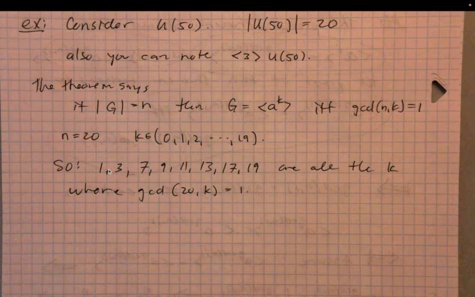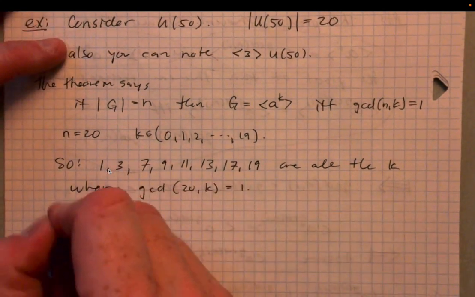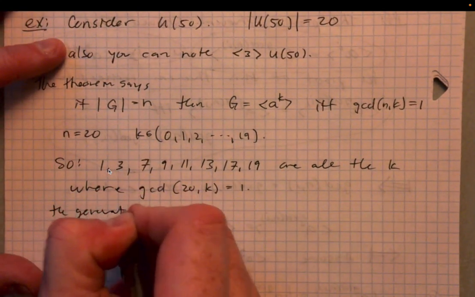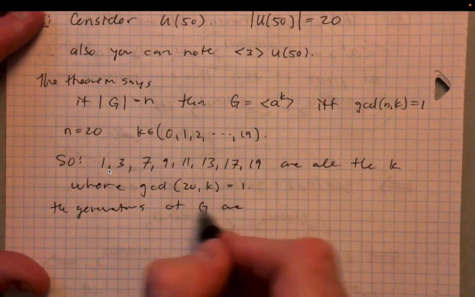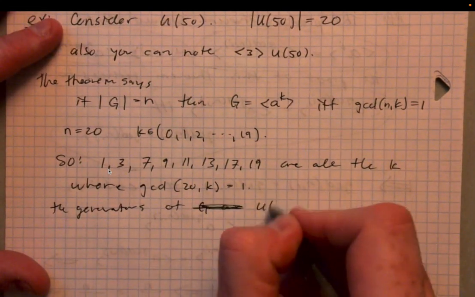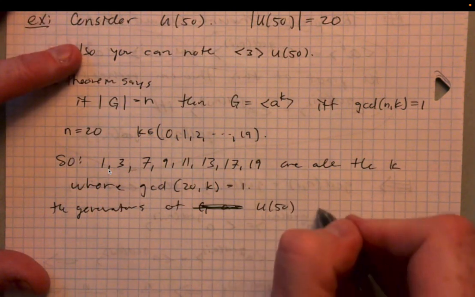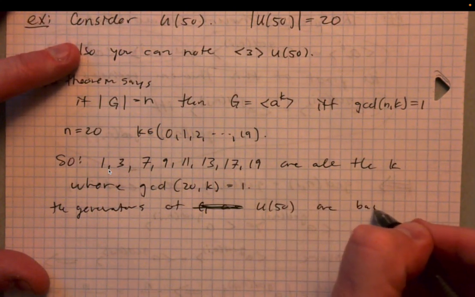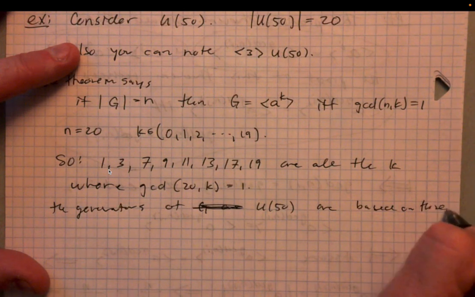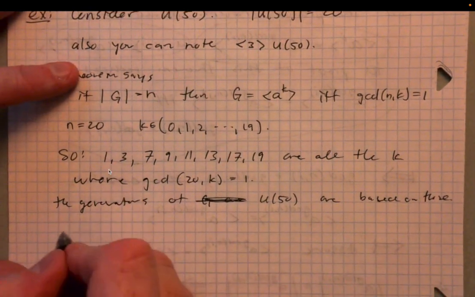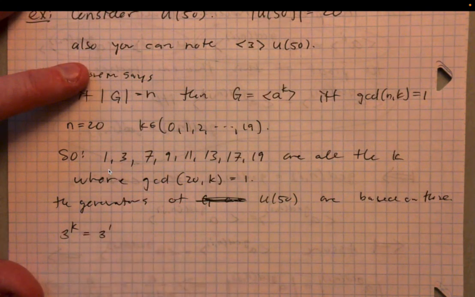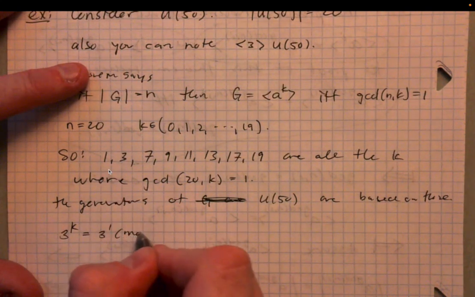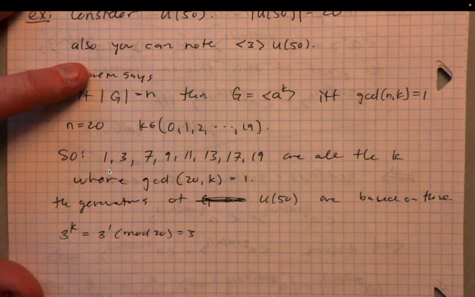Okay. So then the generators of G are, well, I should say of U50. The generators of U50 are based on these. Okay, so for example, 3 to the k equals 3 to the 1 mod 50 is 3.